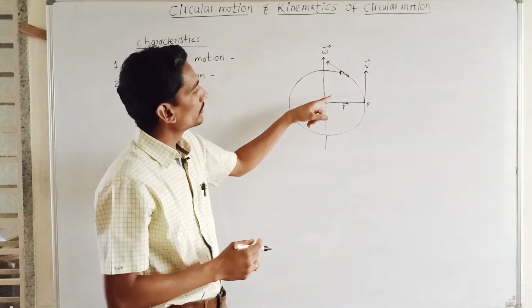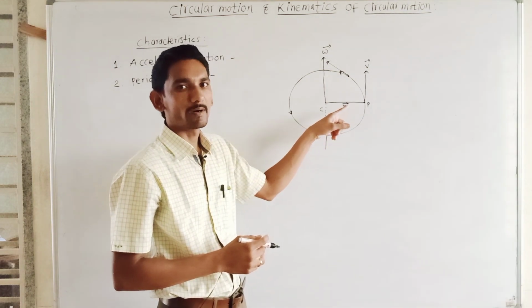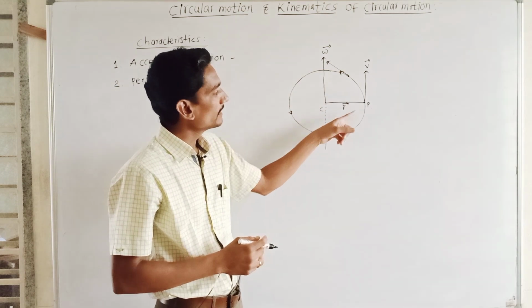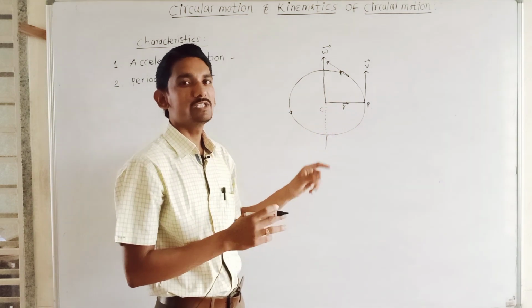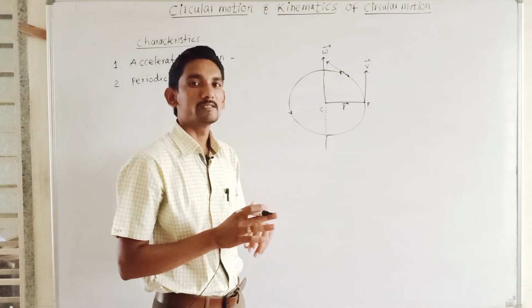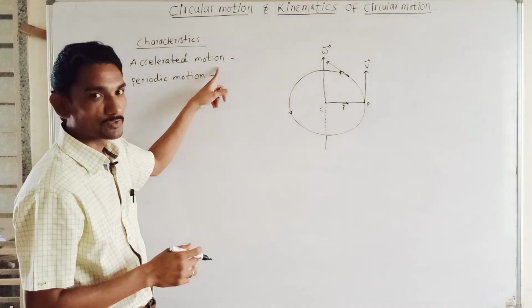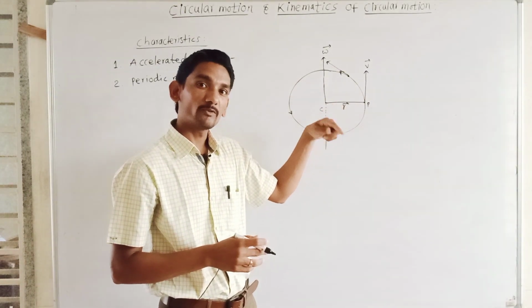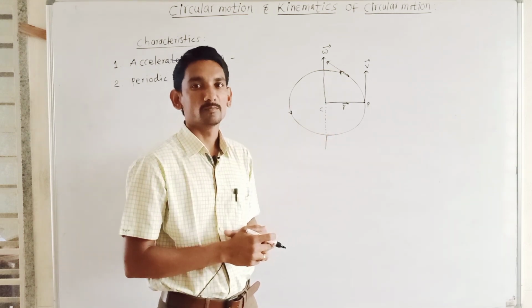In this way, we can draw linear velocities for the particle at every instant. From this, we know that the direction of velocity goes on changing at every instant, and therefore we can say that it is an accelerated motion, because there is a change in velocity, and therefore there is an acceleration.